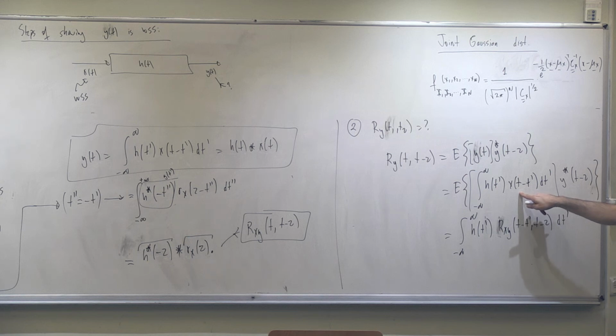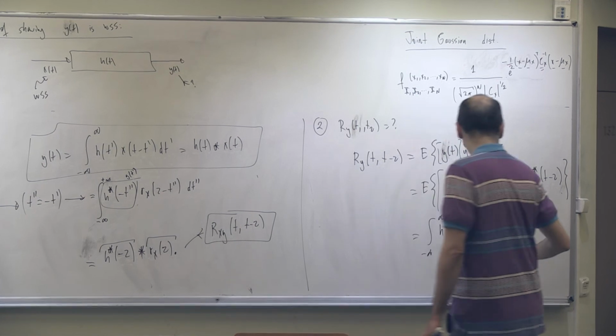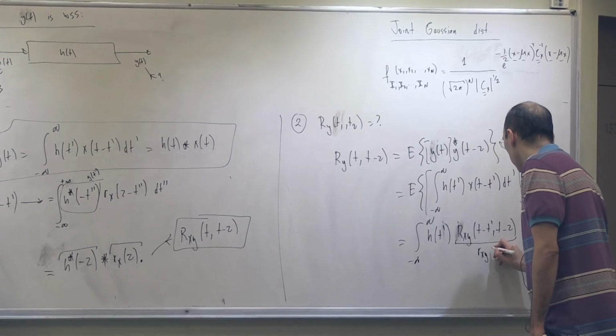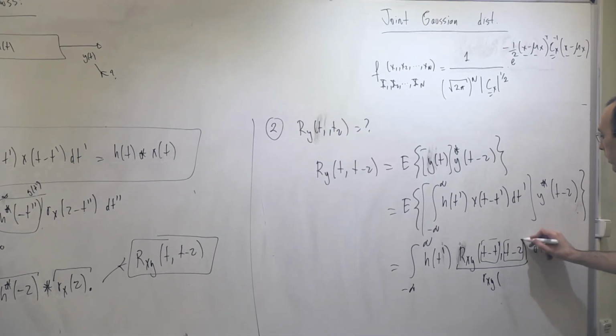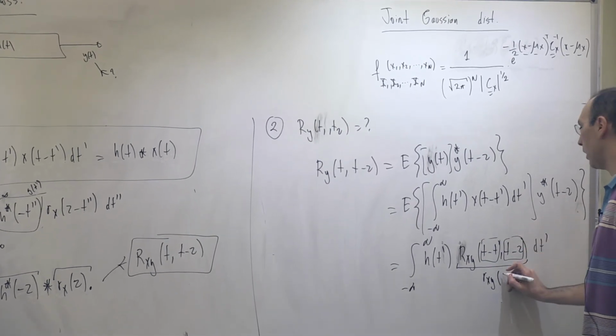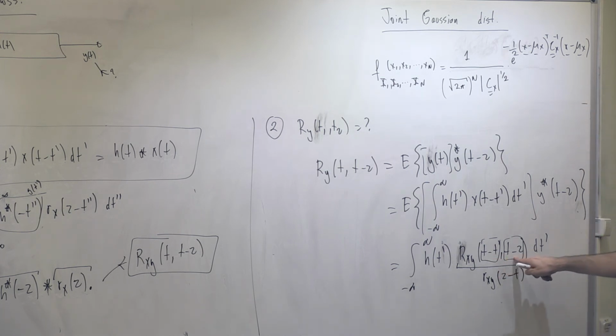The first argument is without conjugate, t minus tau; the second argument is with conjugate. So this is equal to the Rxy function of the time difference of these two arguments, because it does not depend on the two arguments separately but on their difference. Rxy of t1 minus t2: the first argument minus t2 gives you plus tau, and I have this.